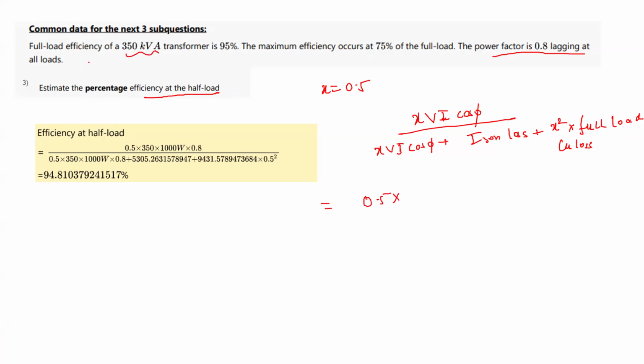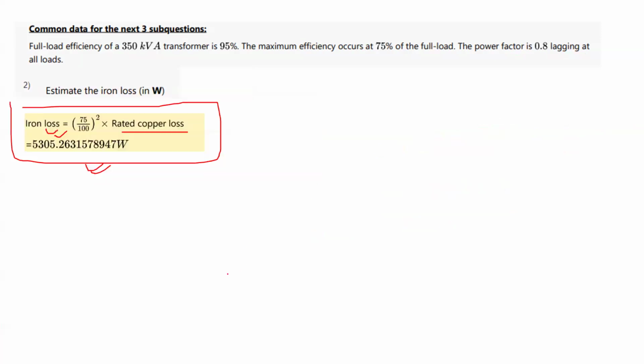Vi is 350 kVA, so write it as 350 kVA. Cos phi is 0.8 for all loads, so 0.8. Similarly, down below you write it: 0.5 into 350 into 10 power 3 into 0.8, plus iron loss, which is constant whether it be half load, full load, or 75% load.